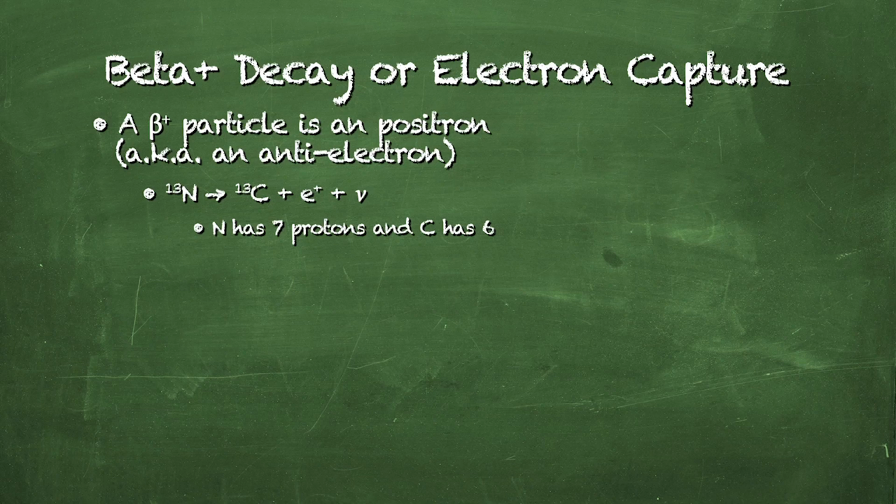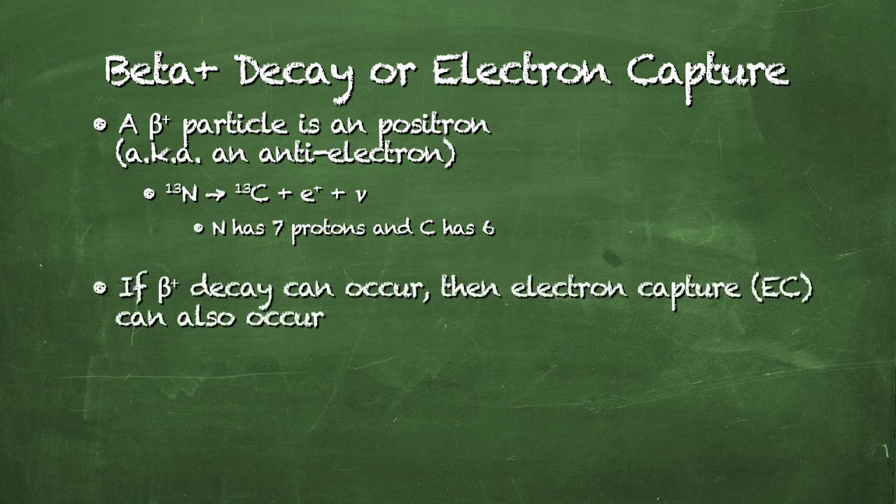We've also conserved nucleons because nitrogen-13 has 13 nucleons, 7 protons and 6 neutrons, whereas carbon-13 also has 13 nucleons, 6 protons and 7 neutrons. So what's happened here is that a proton has changed into a neutron plus a positron. That's the effect of the weak nuclear force.